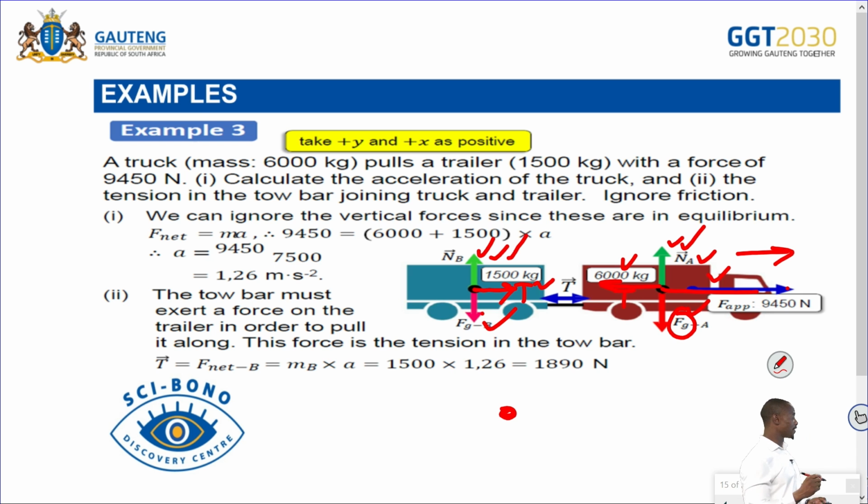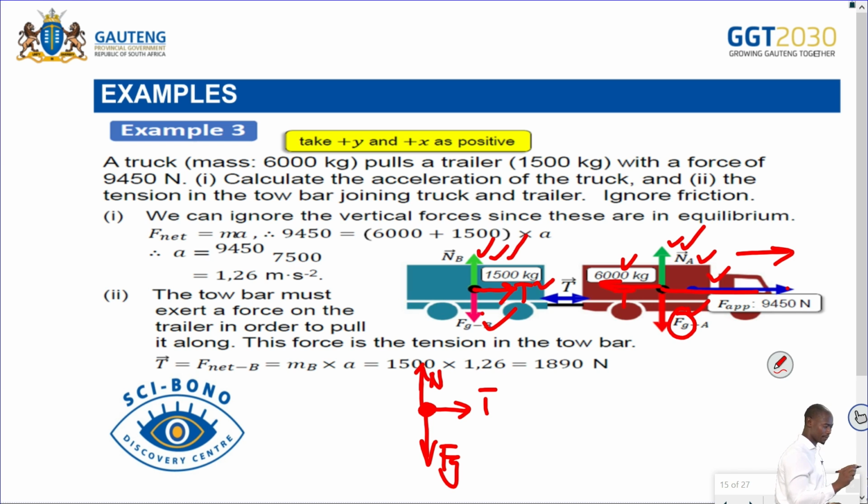Right? So we are having these two objects. Normal force, Fg, tension, right? Normal force, Fg, force applied, and tension.